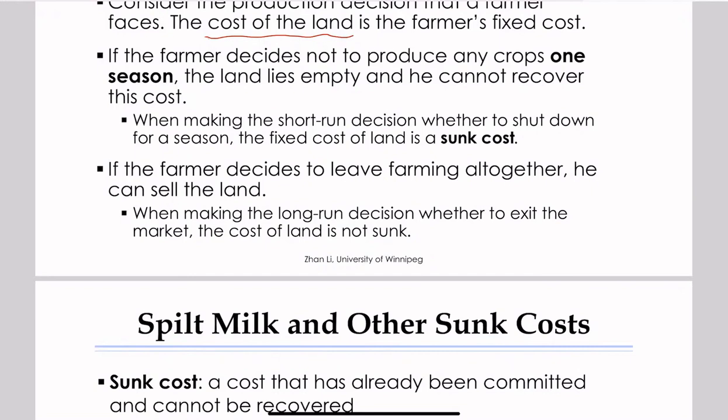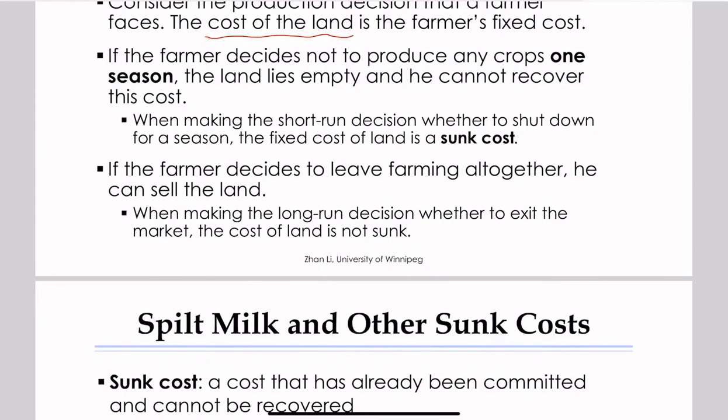If the farmer does not own this land, then the farmer can terminate the rental contract, right? So after selling the land or terminating the rental contract, there will be no further cost. So you can see that in the long run case, the cost of land is not sunk, right?